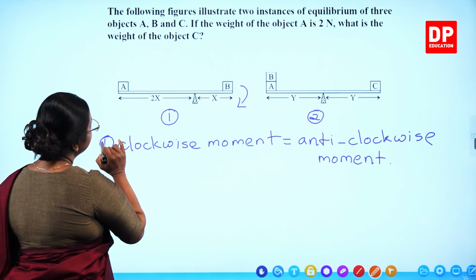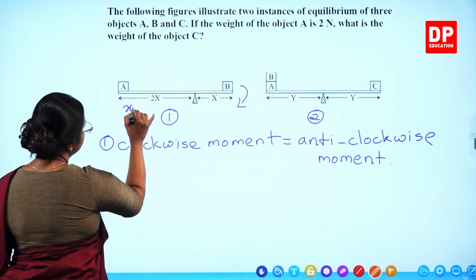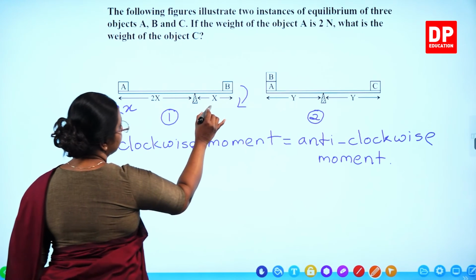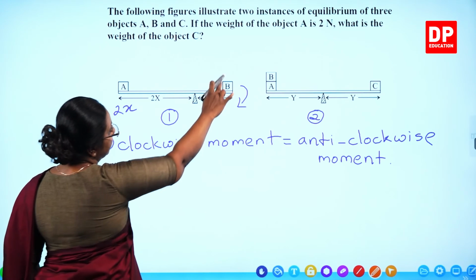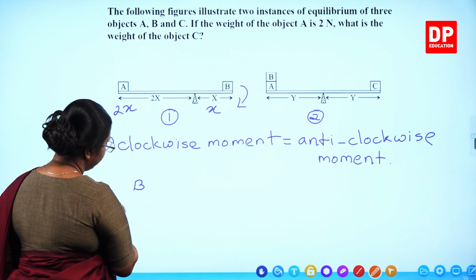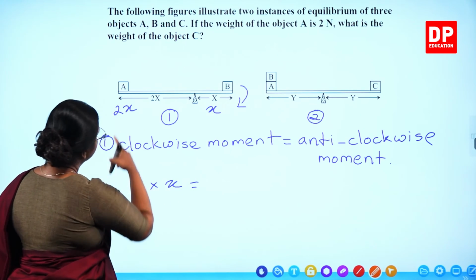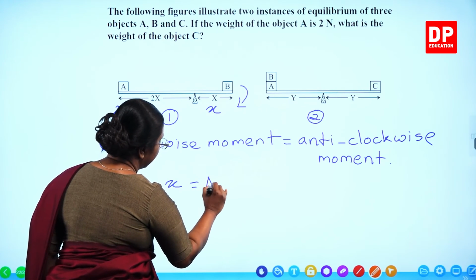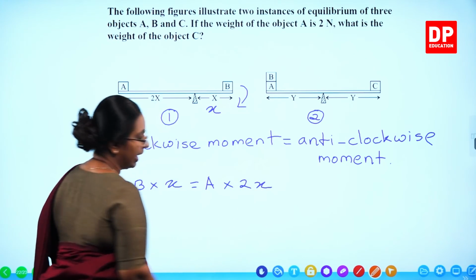To avoid the confusion, instead of this x, I will use the symbol like this, 2x and x. So if we take the clockwise moment, that's going to be this one. What is that going to be? The weight of B into x. That will be equal to the weight of A, that is the force, into 2x.